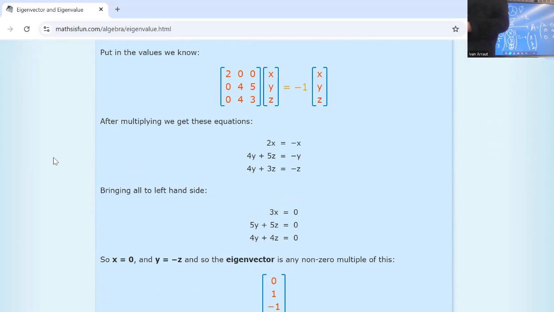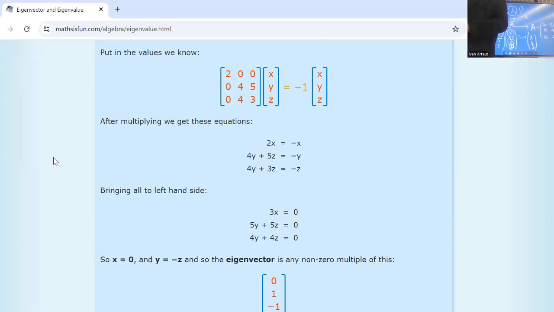So at the end, it's only 2x on the left, equal to minus x. This is the first equation. Second equation: 0 times x is 0, 4 times y is 4y, 5 times z, 5z, equal to minus y. The third equation: 0 times x is 0, there is no x there. 4 times y is 4y, 3 times z is 3z, minus z on the right-hand side.